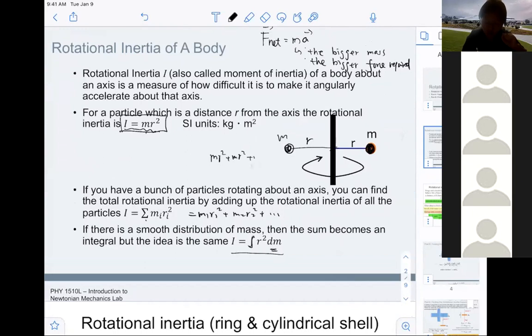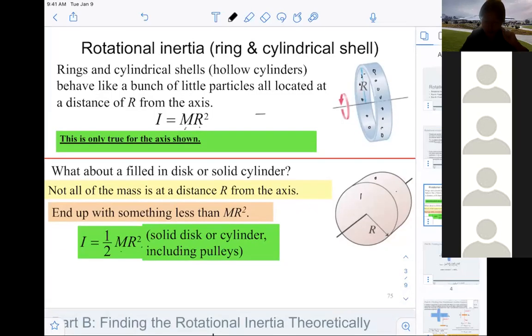If I have 3, I add another one. If I have 4, I add another one. So if I have a lot of masses, and they all have the same radius away from the center, it is as if I'm adding all of the masses together and they all have the same radius. So a ring is just like that.